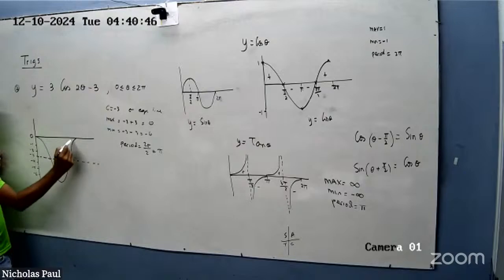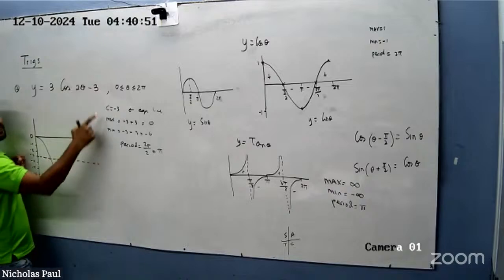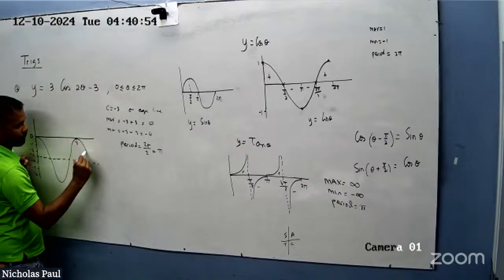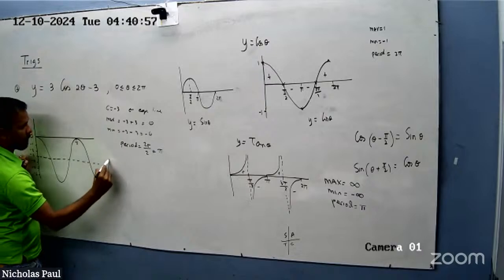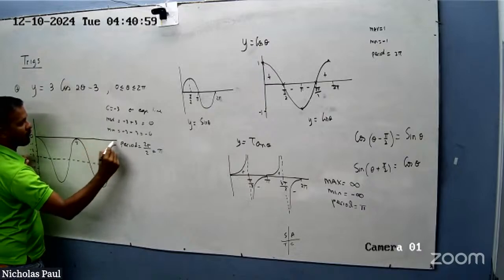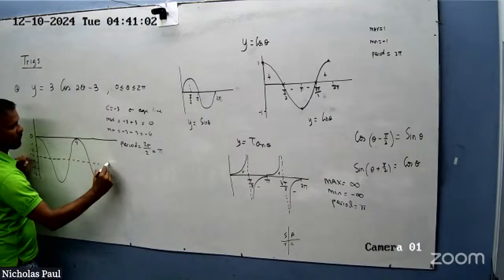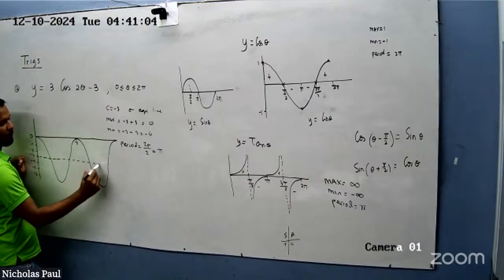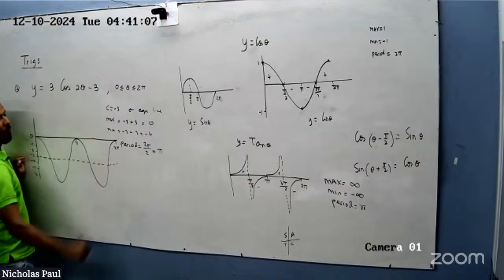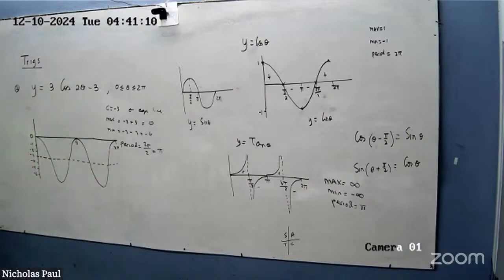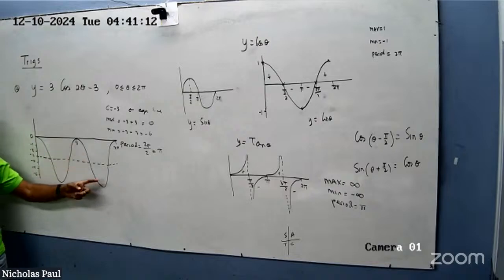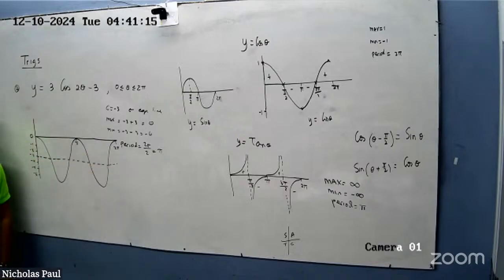So 1 period is pi. Okay? But I asked for 0 to 2 pi. So I have to double up. Since the period is pi, then I'll have two cycles between 0 and 2 pi. Are you okay with that?